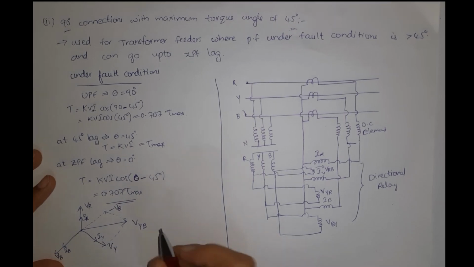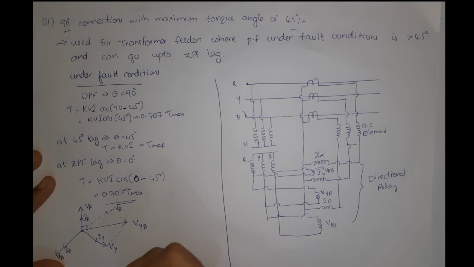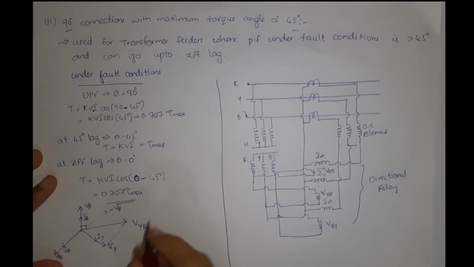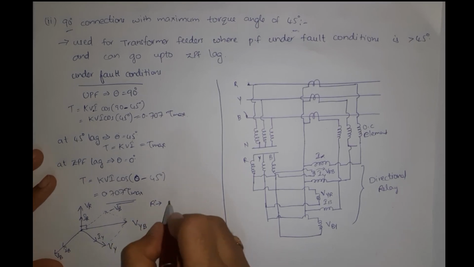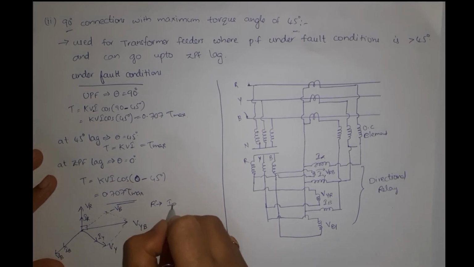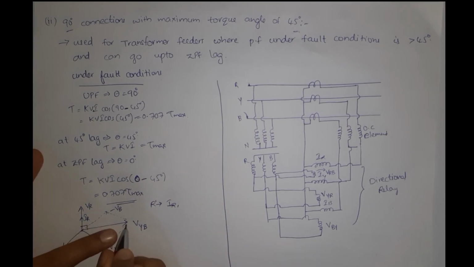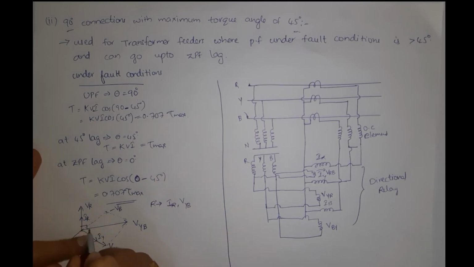So there is a 90 degrees angle between the voltage and the current supplied. So here if you see, for R phase, IR is the current supplied, and what must be the voltage supplied corresponding to it? It is VYB for getting 90 degrees relay angle.